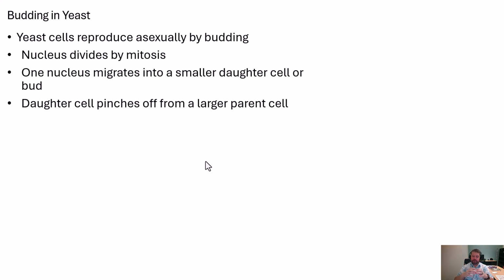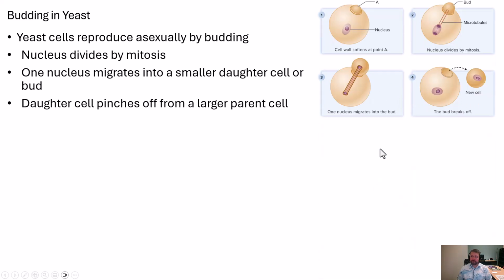Instead, what you have is a parent cell with a smaller daughter cell that's generated from it. The nucleus and the nuclear material is all the result of mitosis. Okay, so it's all asexual reproduction, but the budding process itself is a little bit different.